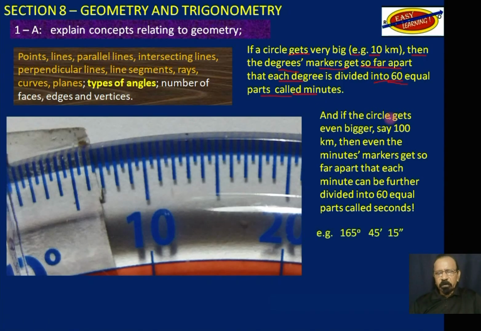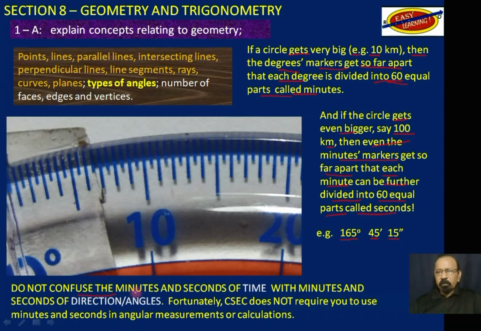And to make matters worse, if the circle gets even bigger, say 100 kilometers, then even the minutes markers get so far apart, the direction, that each minute can be further subdivided into 60 equal parts, and each part is now called a second. And sometimes you would see the direction written like this: 165 degrees, 45 minutes, 15 seconds, like that.